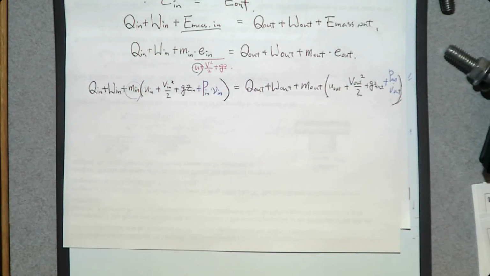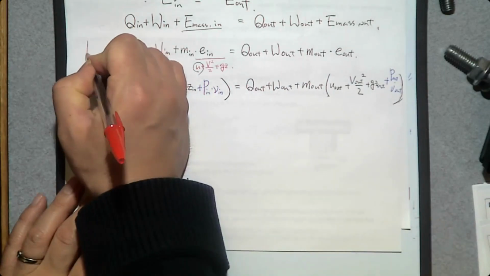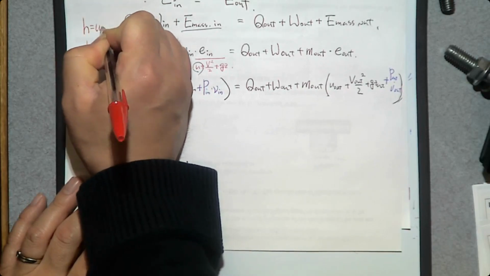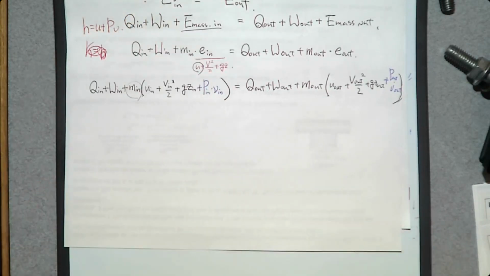Enthalpy H. What is the definition of enthalpy H? H is U plus PV. That is the definition of enthalpy. There is a U, there's a PV. So why don't we study U plus PV? That takes too much time because you need to find 3 different values.